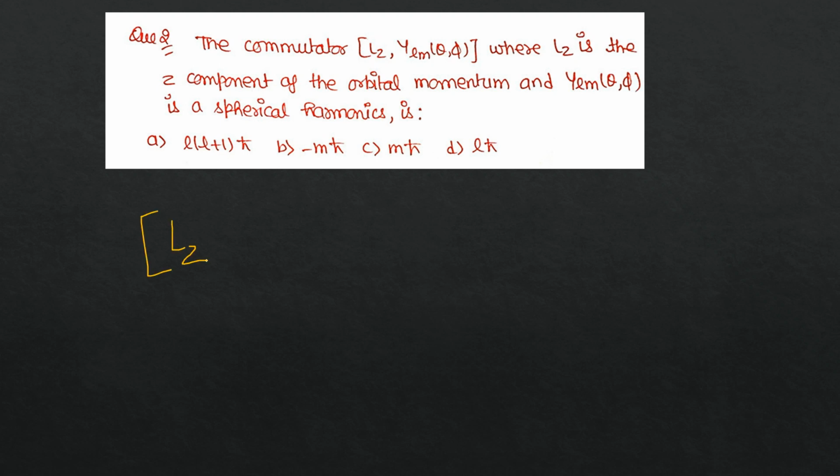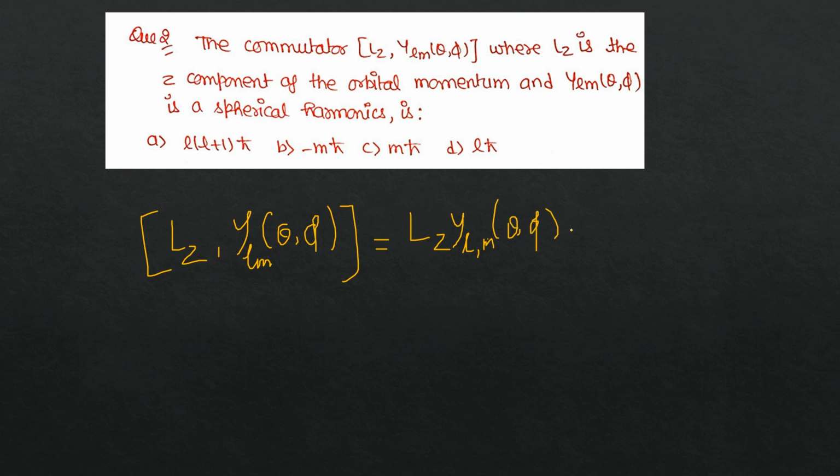The commutator [Lz, Ylm(theta, phi)] is equal to Lz Ylm(theta, phi) minus Ylm(theta, phi) Lz.